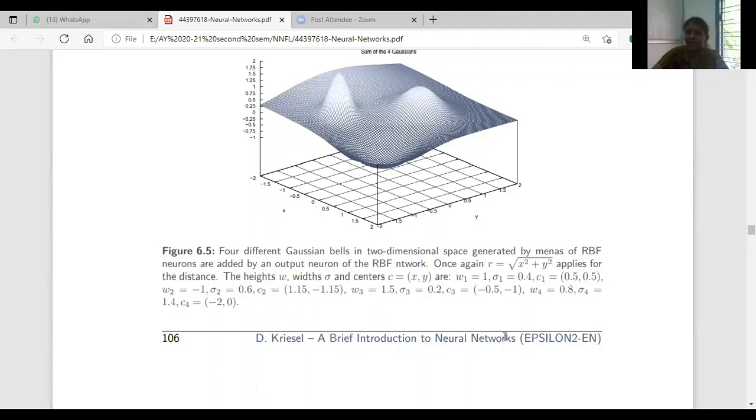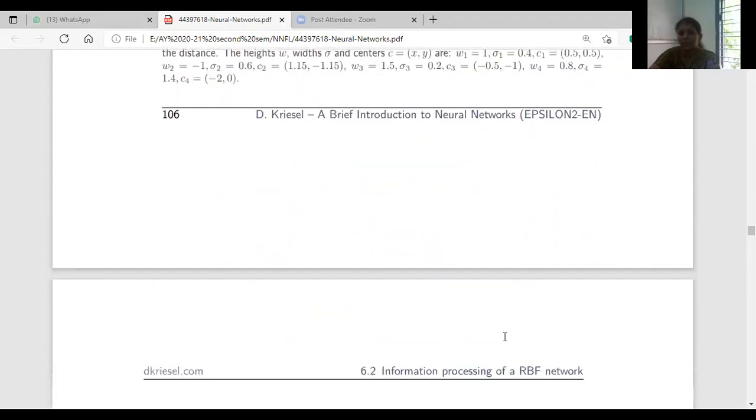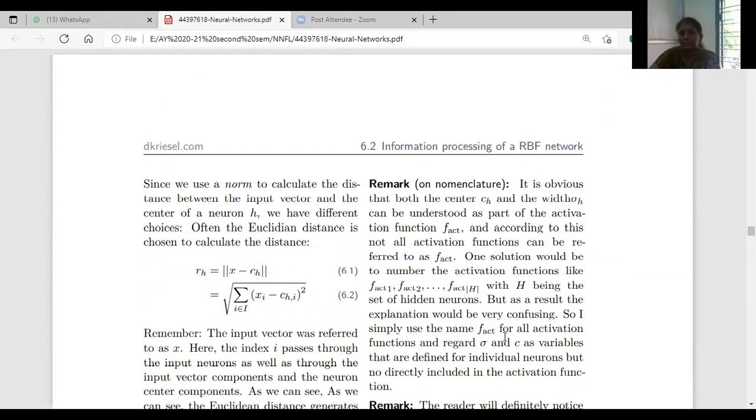Here you need to bother about the width and height of your Gaussian function. That is very important. And also you need to calculate the distance. Here they have mentioned an example. You can go through the example, how the distance is calculated using the formula r_h = norm of (x minus c_h).